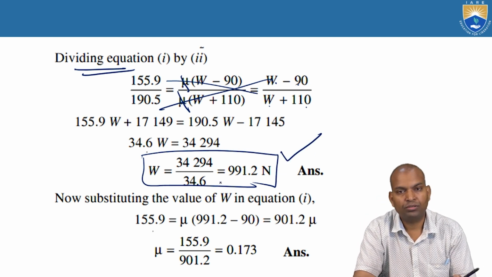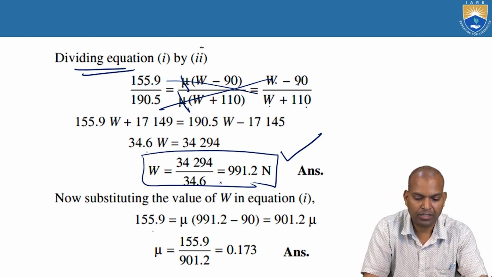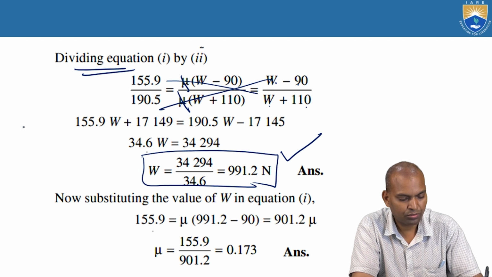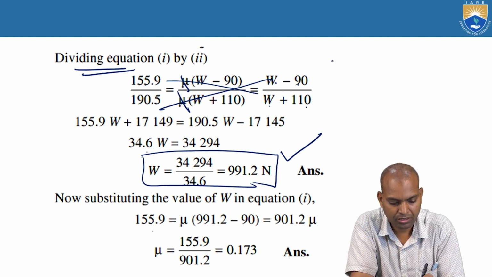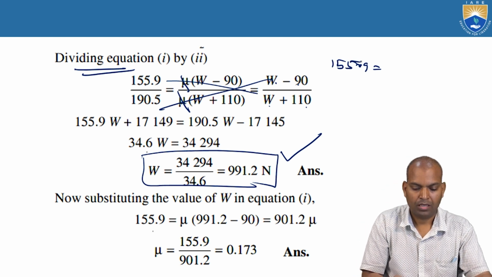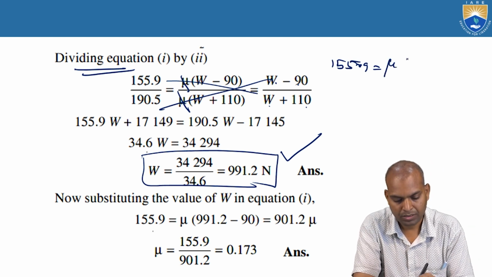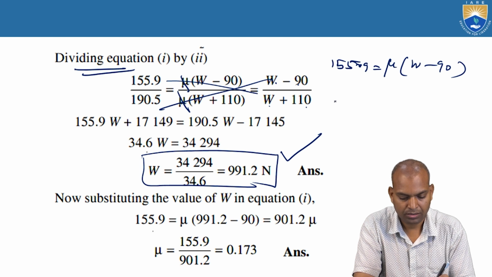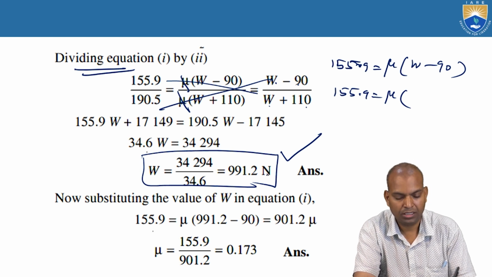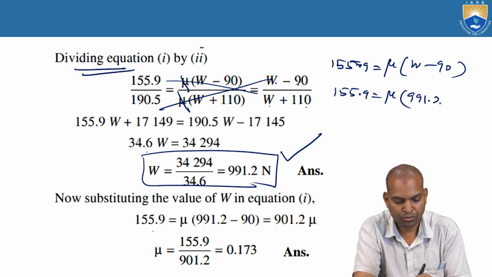Substitute this W value in one of the above equations. 155.9 equals mu times (W minus 90), in equation 1. 155.9 equals mu times (991.2 minus 90).